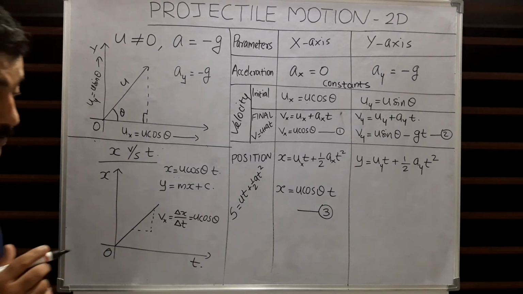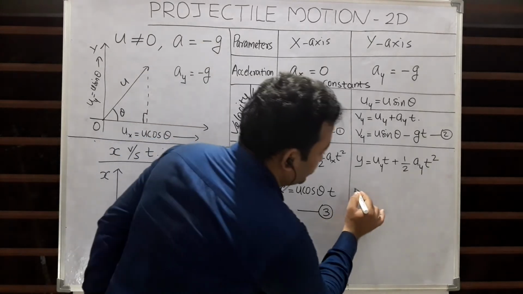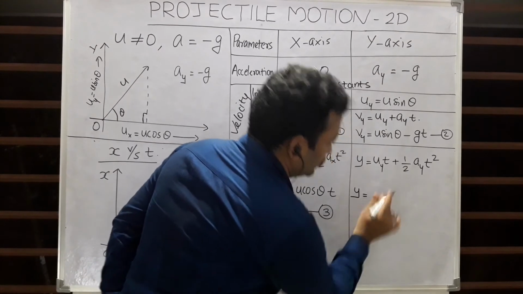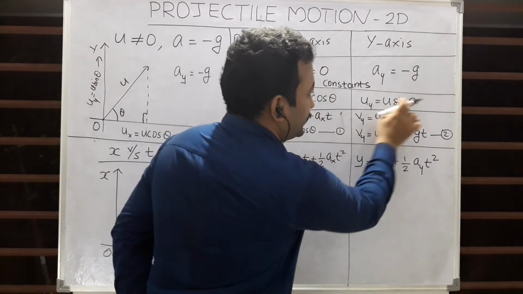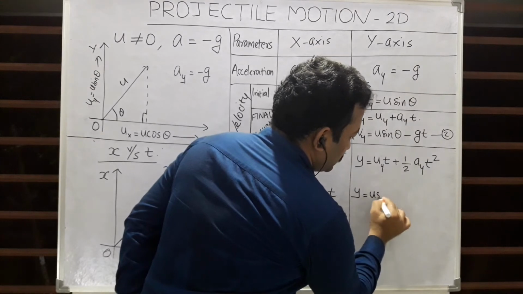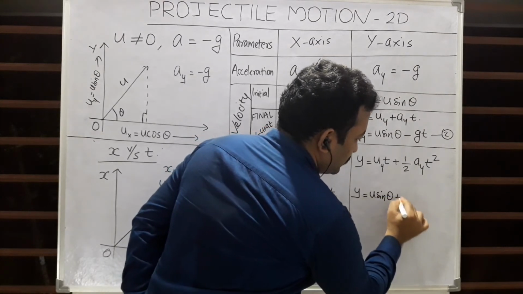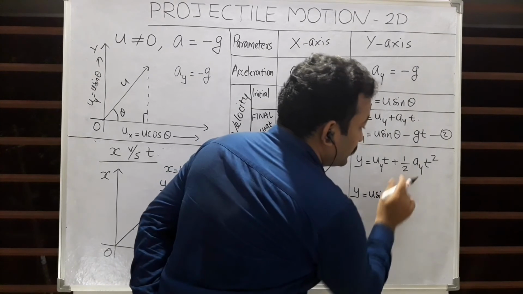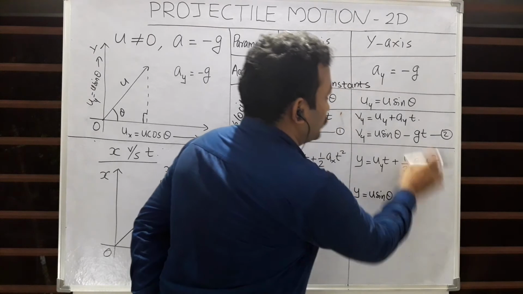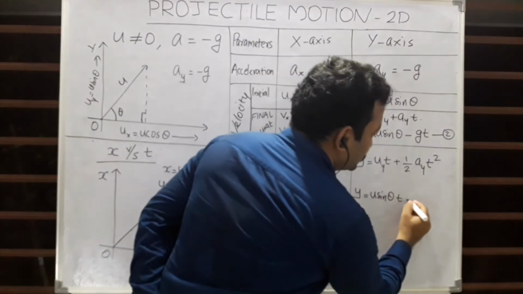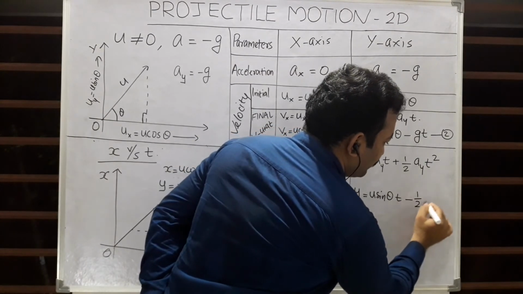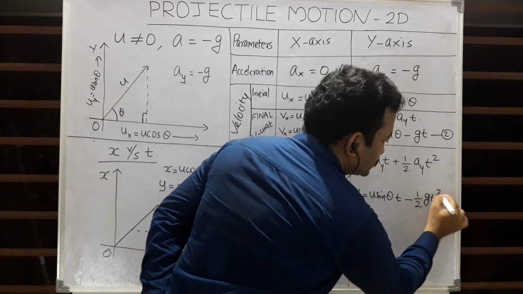Now what about the y component? y is equal to u_y, what is u_y? It is u sin theta times t plus half a_y t square. a_y is minus g, so this becomes minus half g t square.